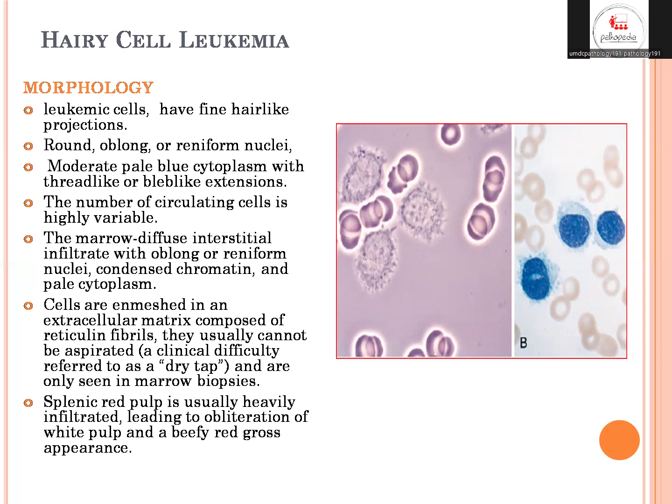They also show cells enmeshed in an extracellular matrix composed of reticulin fibrils. They usually cannot be aspirated, clinically referred to as a dry tap, and are only seen in bone marrow biopsies. Splenic red pulp is usually heavily infiltrated, leading to obliteration of white pulp and a beefy red cut appearance.